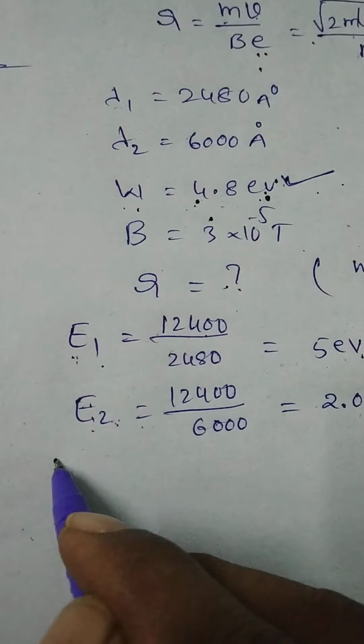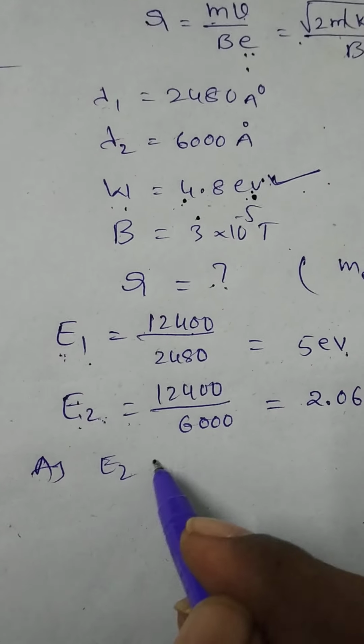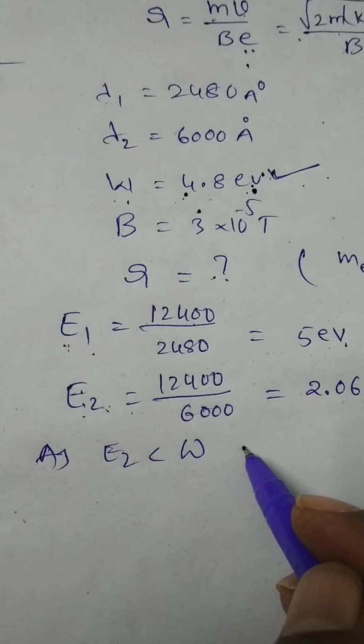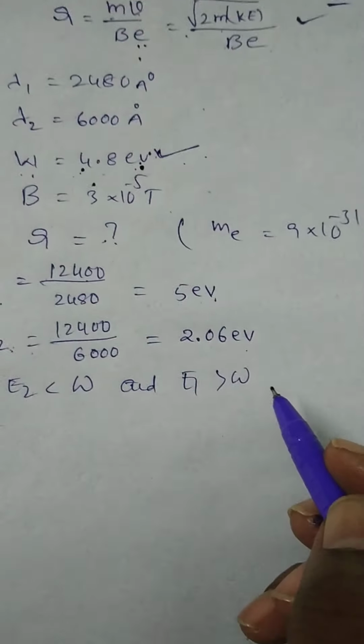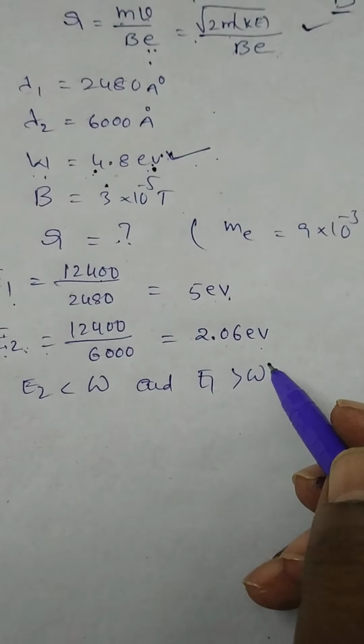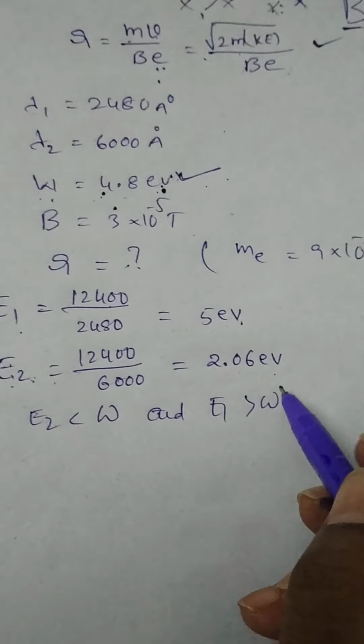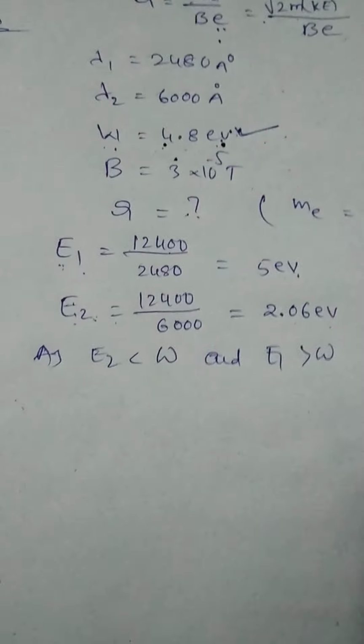So here, E2 is less than W0 and E1 is greater than W0. Therefore, photoelectrons are emitted only with the first photon having wavelength lambda 1.